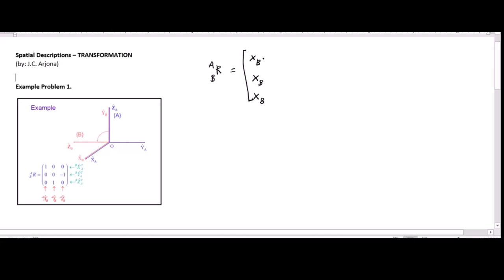Those products are relative to the reference frame, XA, YA, and ZA for the first column.